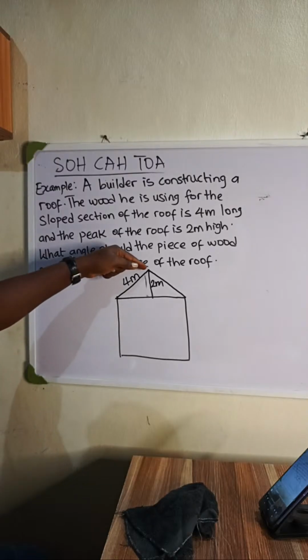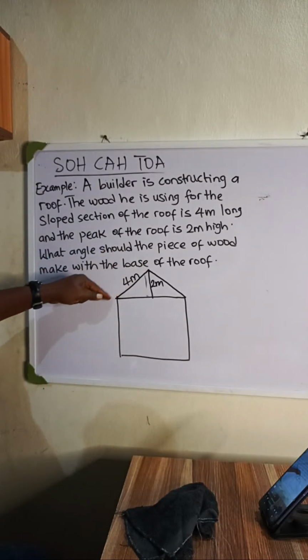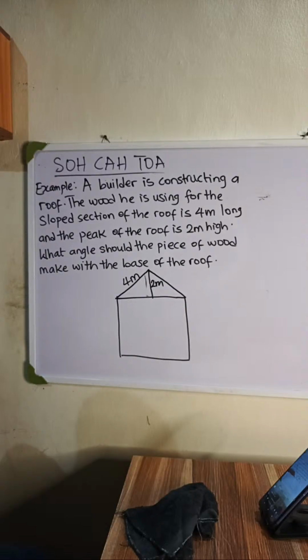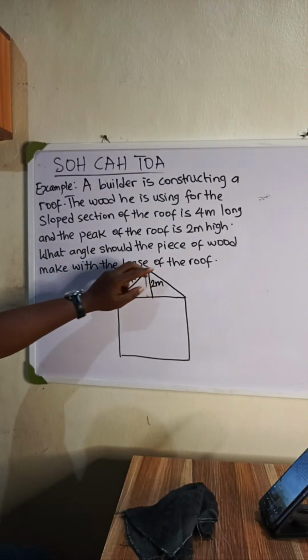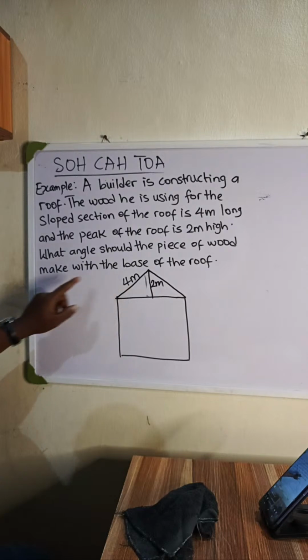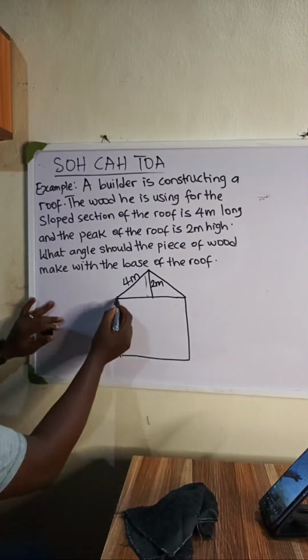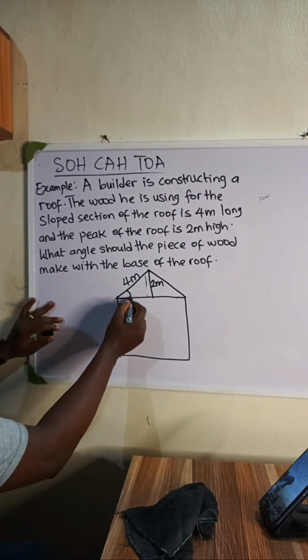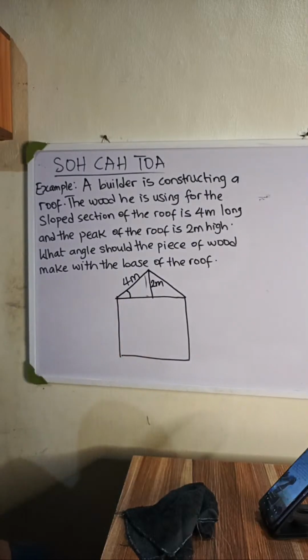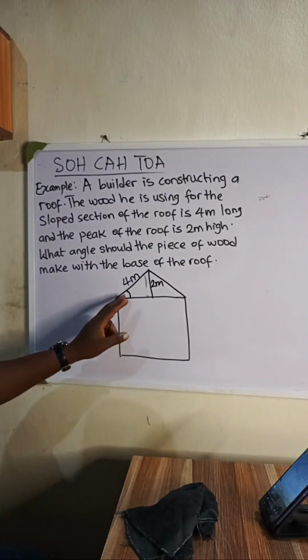So this wood that I'm using to make this slope is 4 meters long. Now we're asked, what angle should this wood make with the base of the roof? So this is the base of the roof. What angle should it make here?